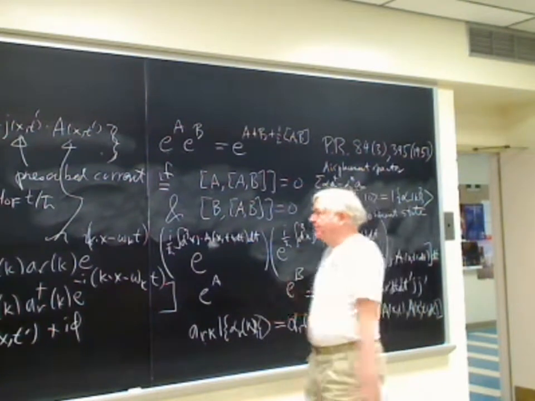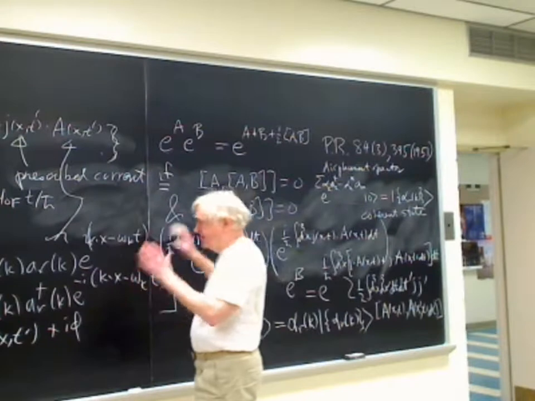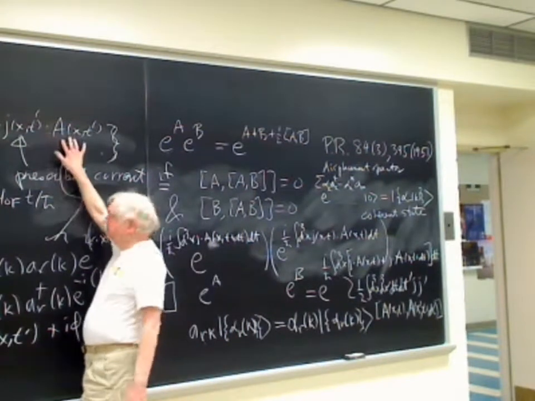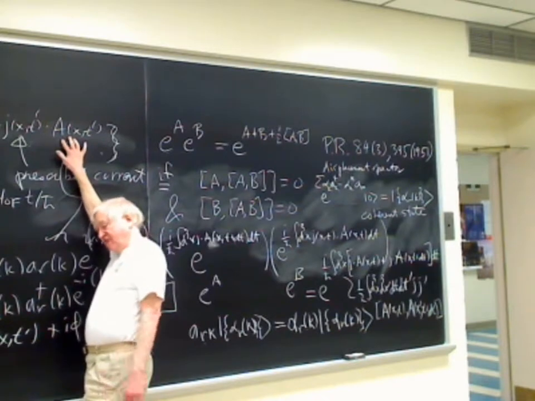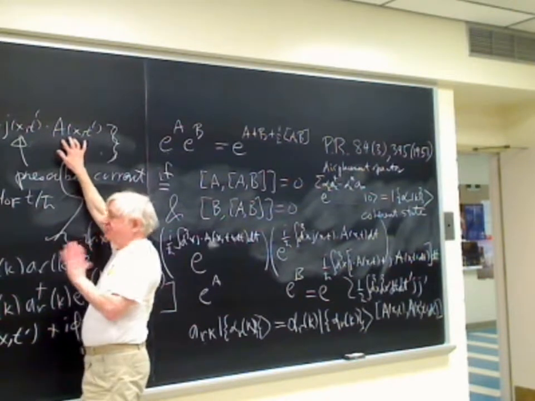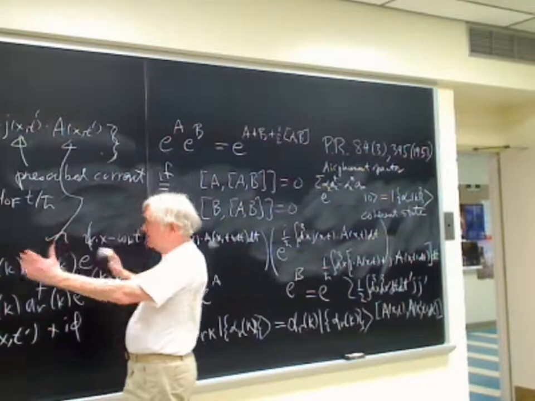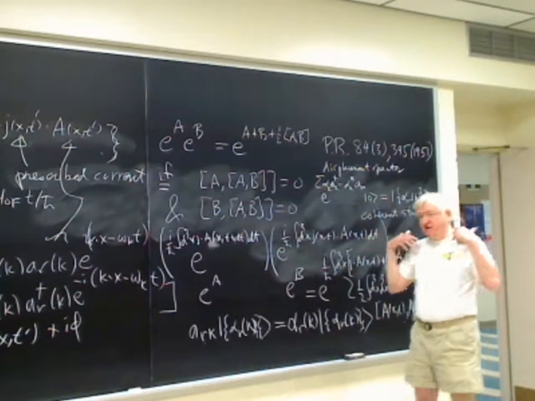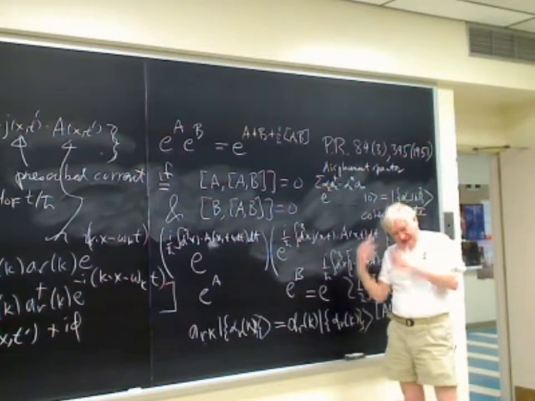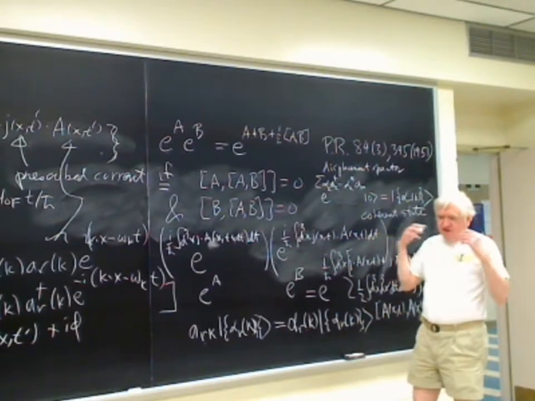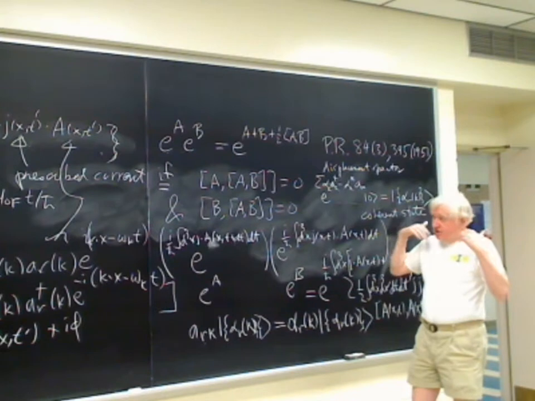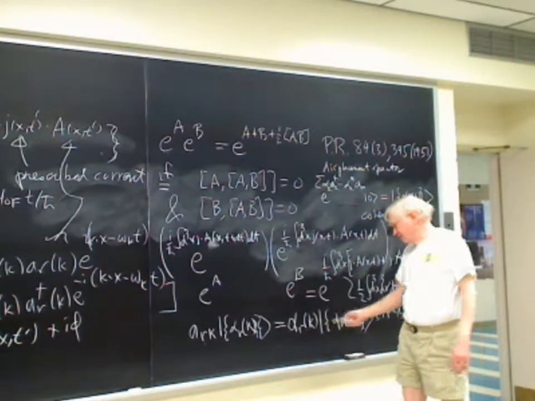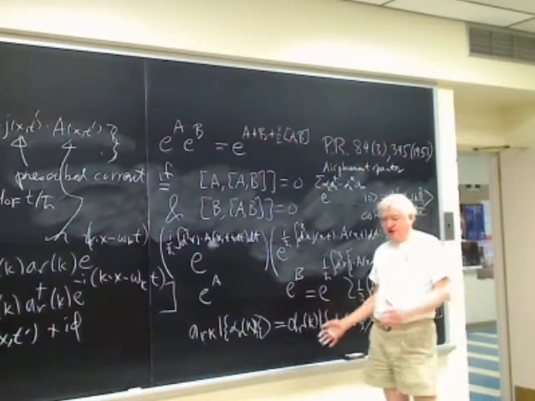In any event, the bottom line is that if you make the current classical, keep the electromagnetic field quantized, compute the exact S operator, it is a displacement operator, which means that classical electric currents generate coherent states, which are eigenstates of the annihilation operators.